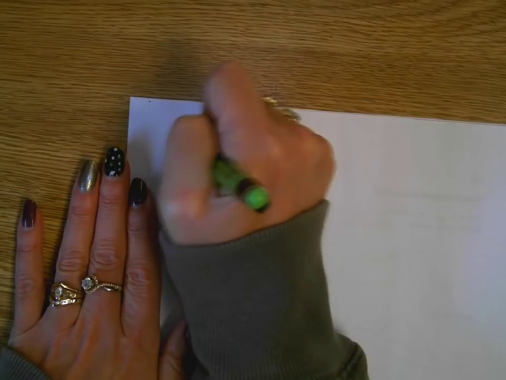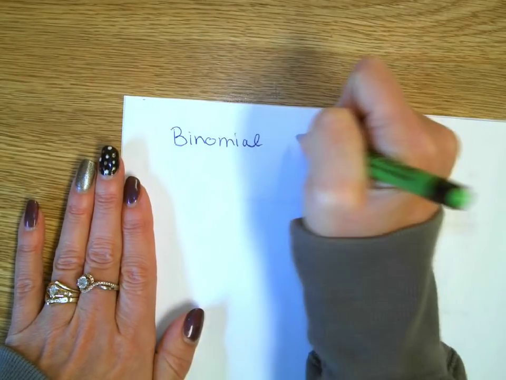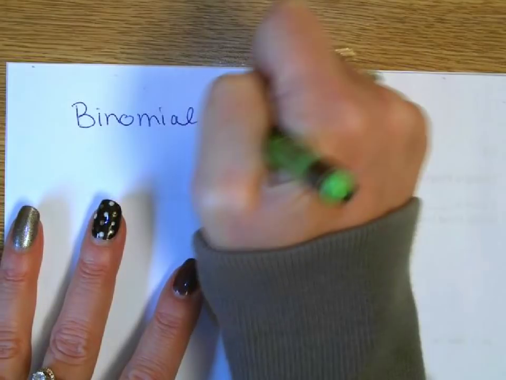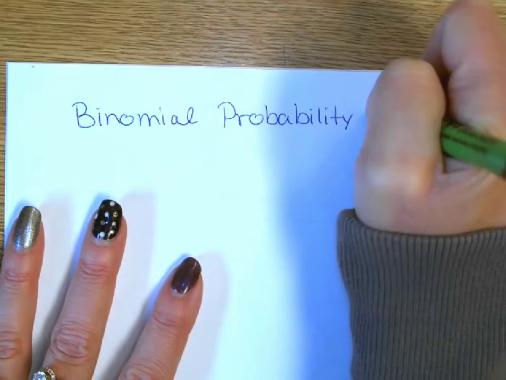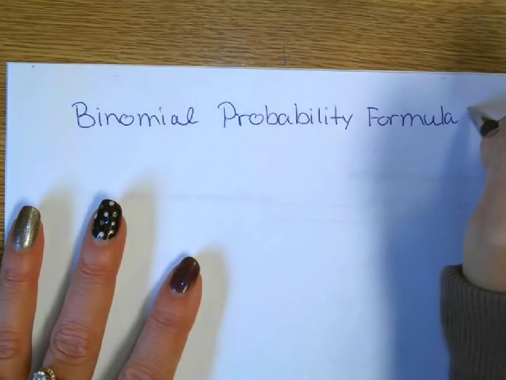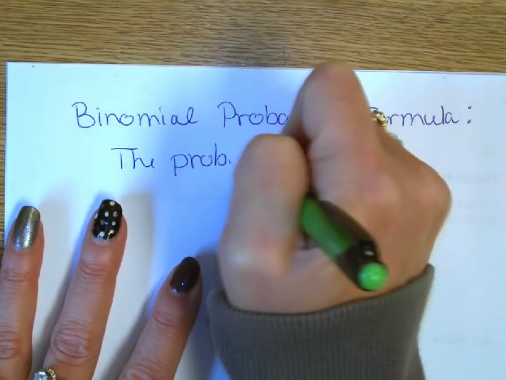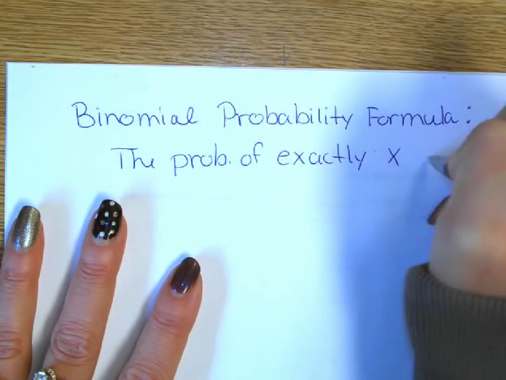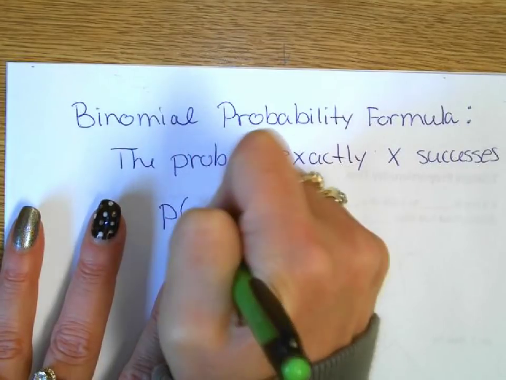So the binomial probability formula: the probability of getting exactly X successes is given by this formula.